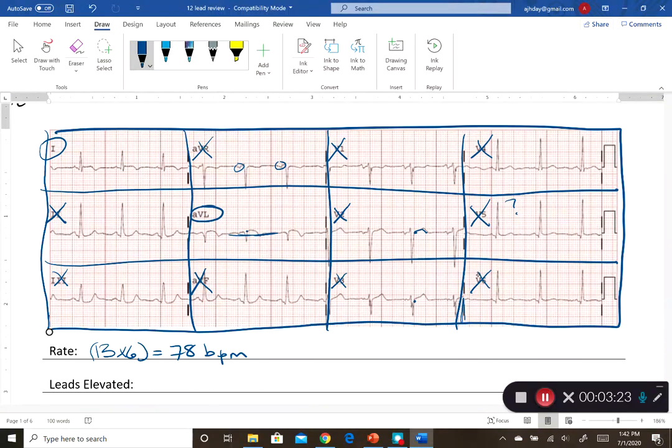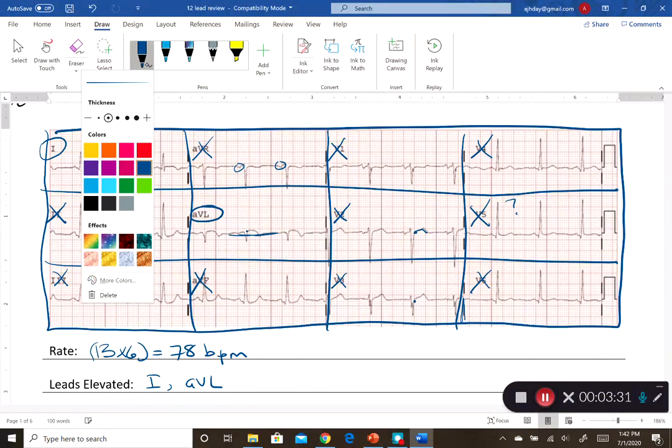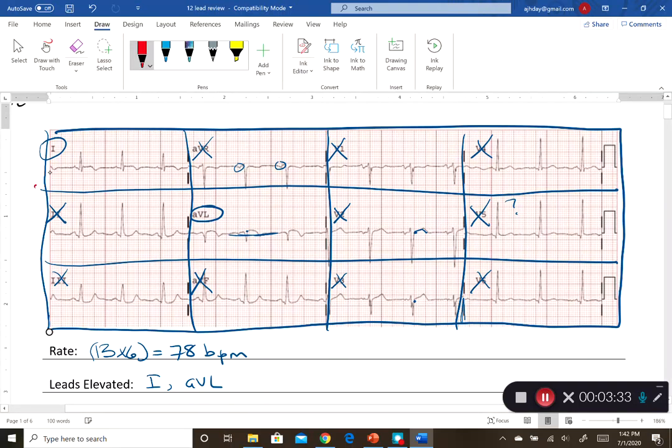So now that we've figured out where our elevation is, I'm going to mark them down here. So I got 1 and AVL. I want to go through and figure out which wall corresponds with each lead. So my lead 1 is going to be lateral. And this is where you can pull out that handout and look at that 12 lead handout. My lead 2 is going to be inferior. Lead 3 is inferior along with AVF.